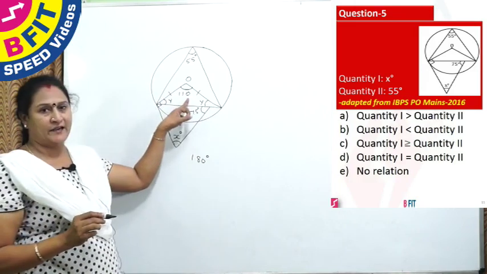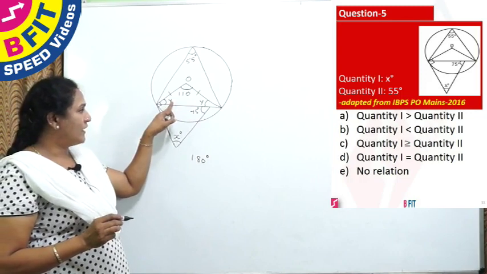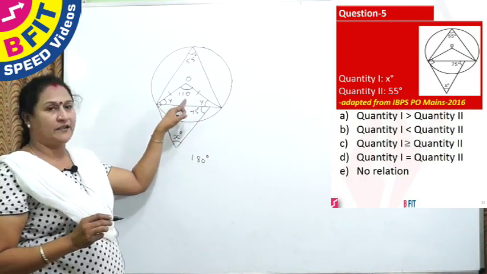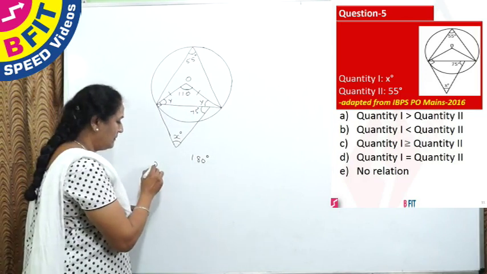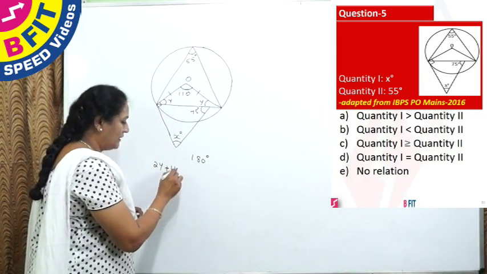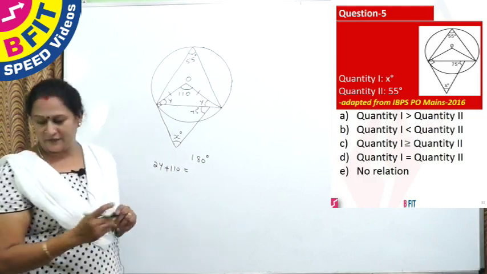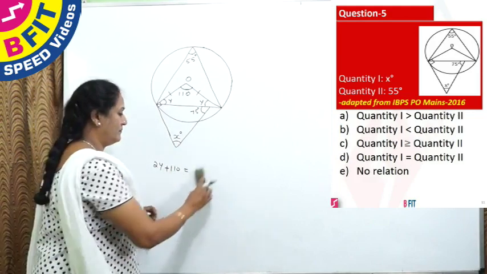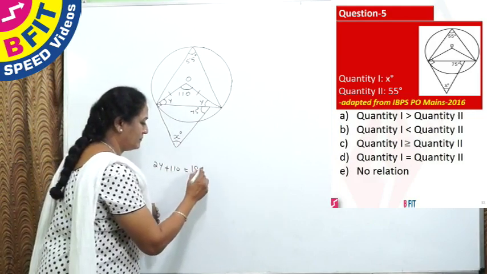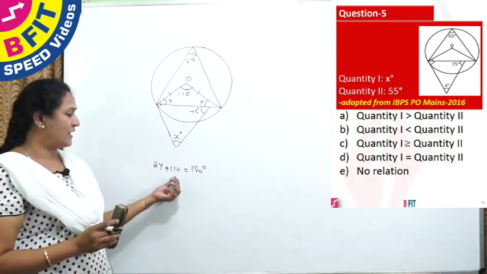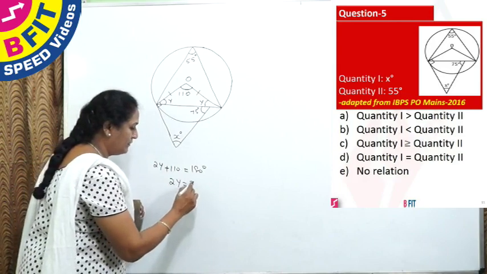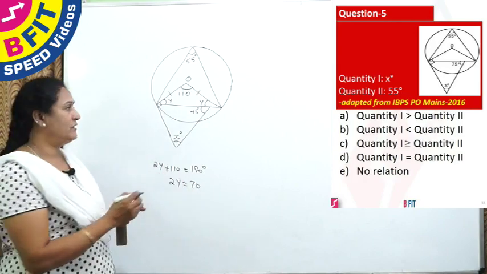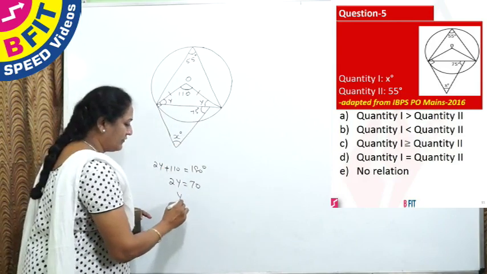If this is 110, then y plus y plus 110 should give you 180 degrees, or 2y plus 110 is equal to 180 degrees. When you subtract 110 from 180, the remainder is 70. 2y is 70, so this y value is 35.